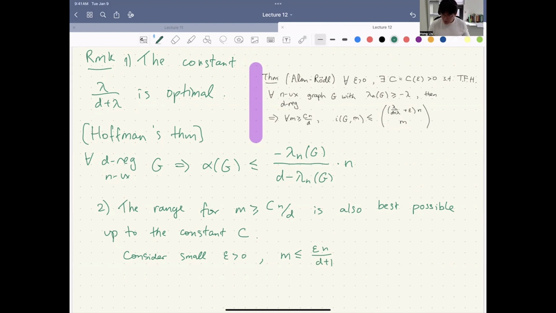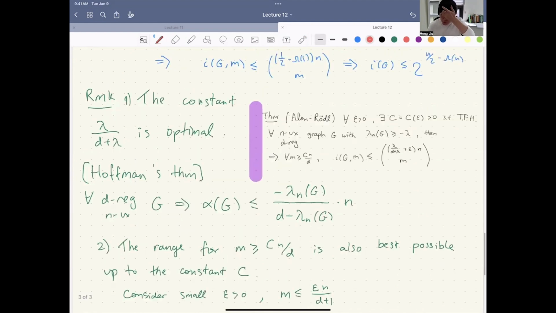So it's roughly epsilon n over d. So we are a constant factor smaller than this threshold, the requirement. I'm going to prove to you that this bound is not true anymore. So first of all, for bipartite graphs, this is strictly less than 1/2. For non-bipartite graphs, there's a remark up here.